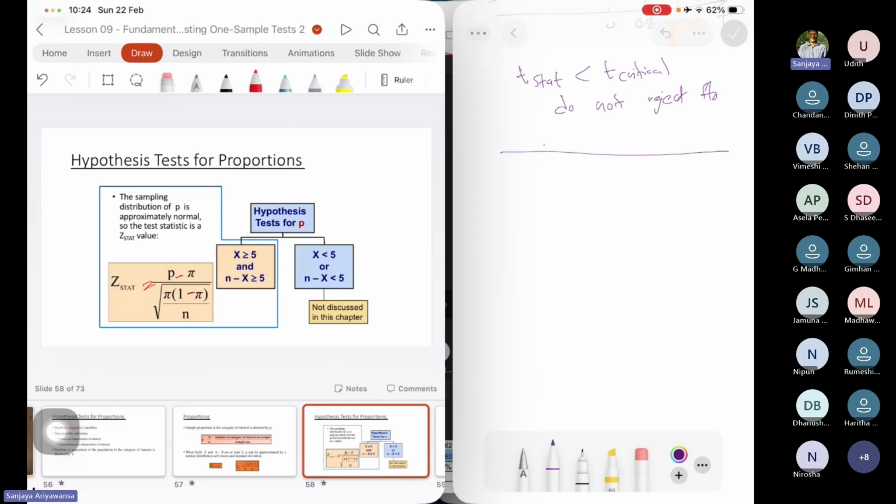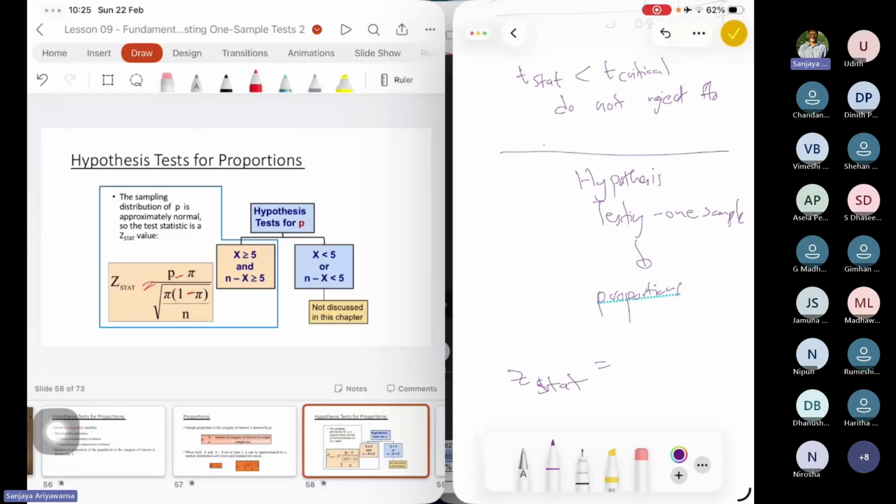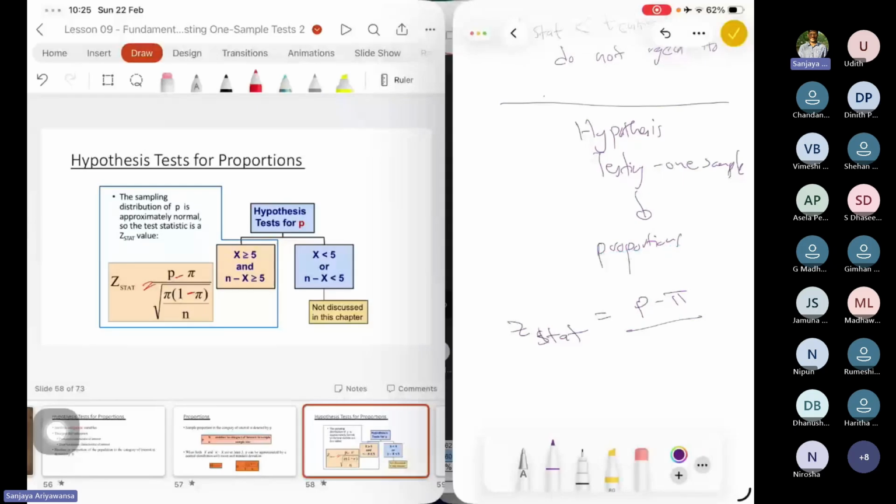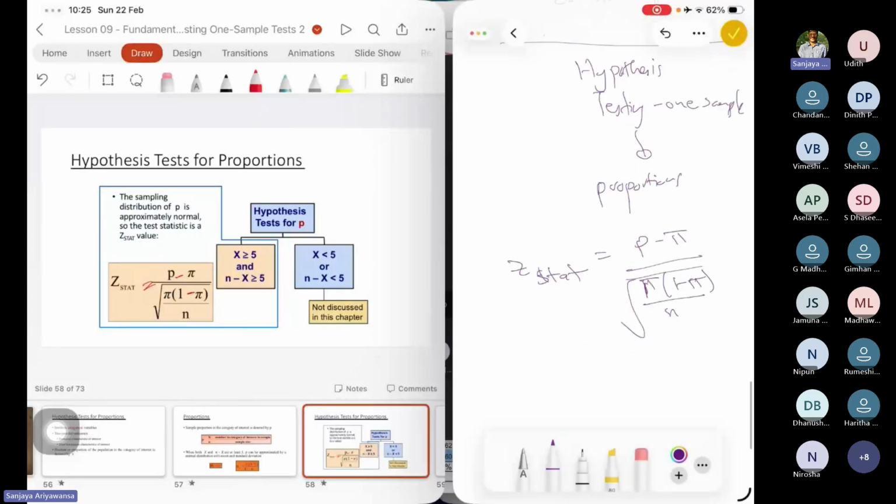What's key here is that we use the Z test statistic when we're looking at hypothesis testing for proportions. The Z test statistic is given by P, the sample proportion, minus pi, the population proportion, divided by the square root of pi times 1 minus pi over n.